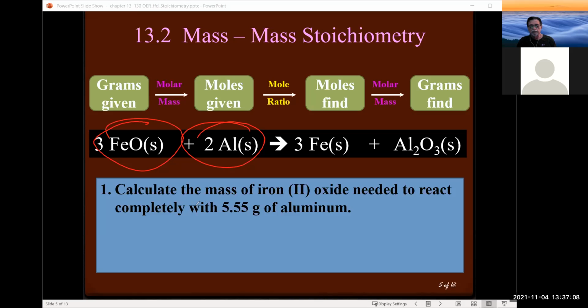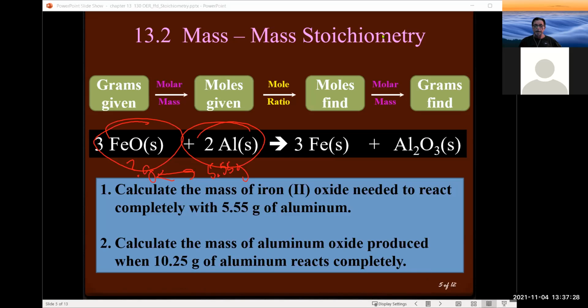So if you start off with 5.55 grams of aluminum, how many grams of iron 3 oxide you need is essentially what they're asking you. This could be a two-part question.